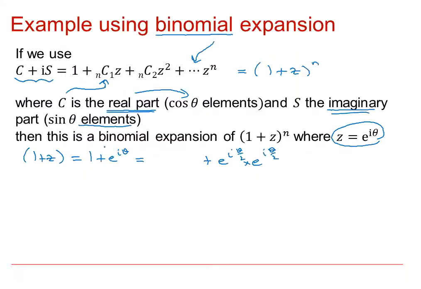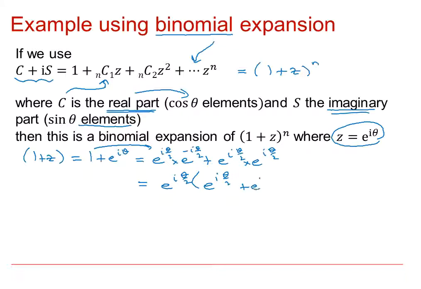But we can also do something similar with the 1. I'm going to write 1 as e to the i theta over 2 times e to the minus i theta over 2. So if we now pull out a common factor of e to the i theta over 2, I'm going to reverse the two terms just to make things a bit clearer in this bracket.